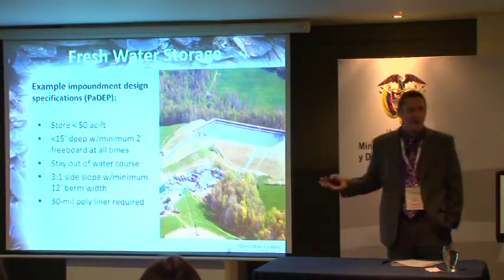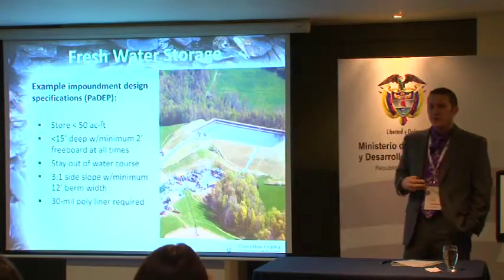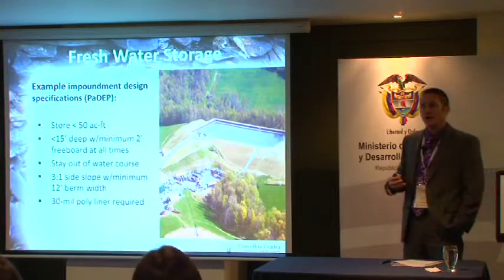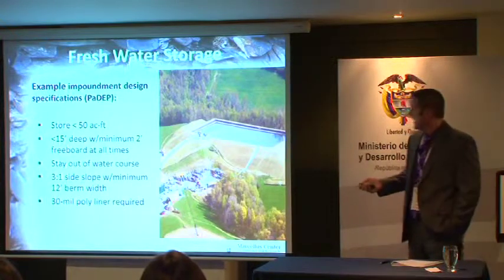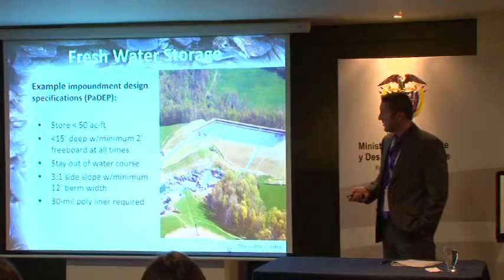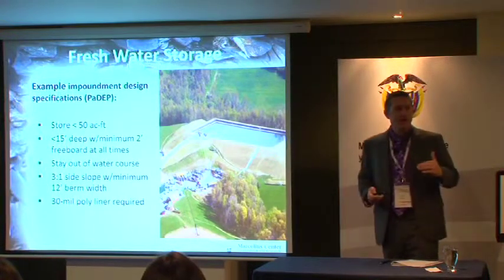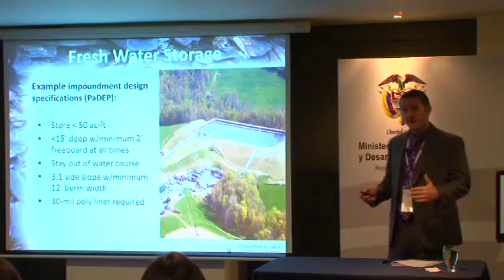So however you get the water to the well site, whether it's, again, piped or trucked, you still need to be able to store the water. Many times we're seeing earthen impoundments being installed, highly engineered impoundments to make sure that they're stable and they won't fail.